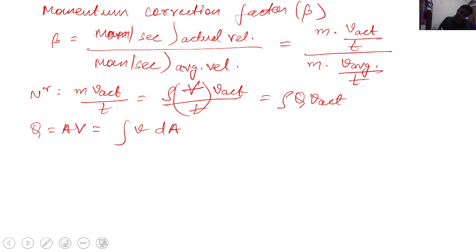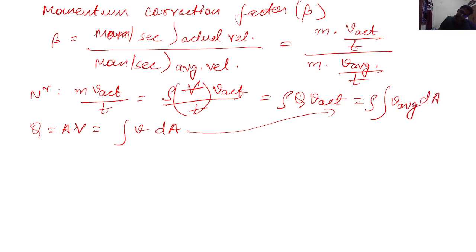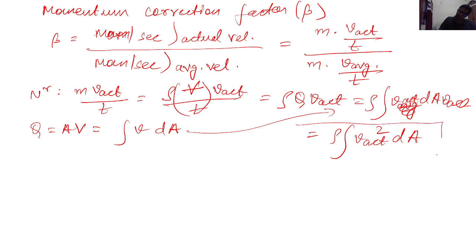So by taking the density outside, this expression becomes rho integral V actual dA times V actual, which is rho integral V actual square dA. So this is the numerator.